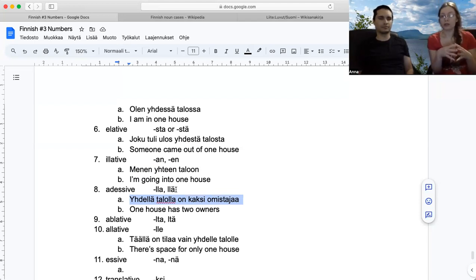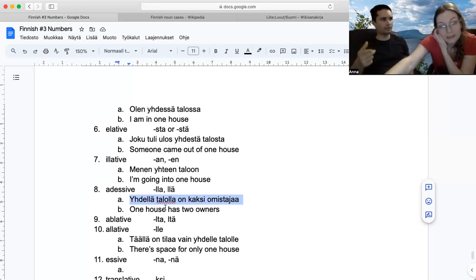So when we want to say that someone has something, we add the la ending to the owner. So yhdellä talolla, you can see the house is the owner. One house owns something, if it has the on after that. Yes, if it has on. So yhdellä talolla on, one house has kaksi omistajaa, two owners.